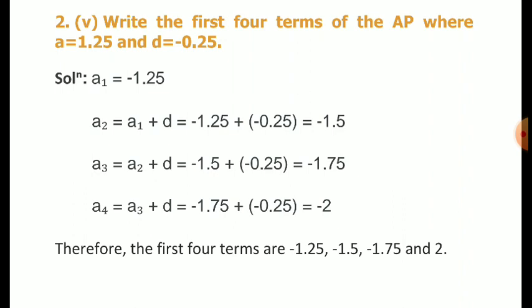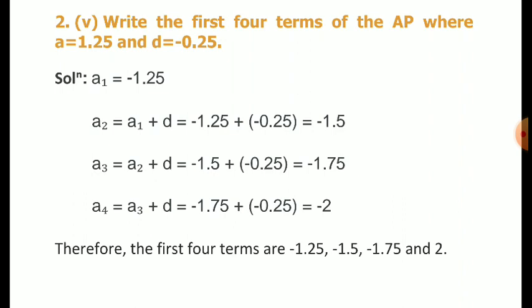In the same way you can find the fourth term, a4 is equal to a3 plus d. a3 we already found, minus 1.75, plus d is minus 0.25. So it will come to minus 2.